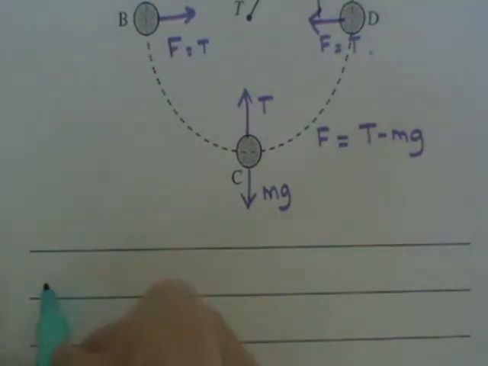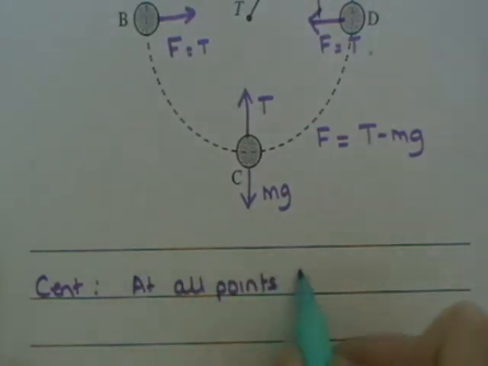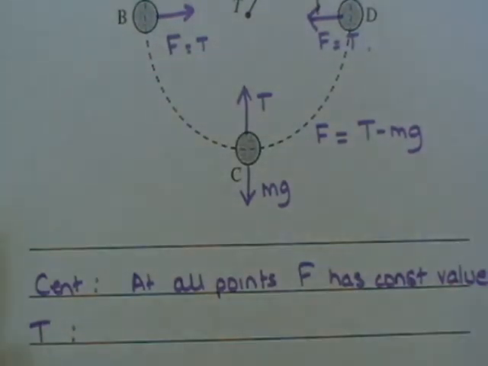So first thing we'll say is the size of the centripetal force. At all points, F has a constant value. But for tension, we have a different situation.